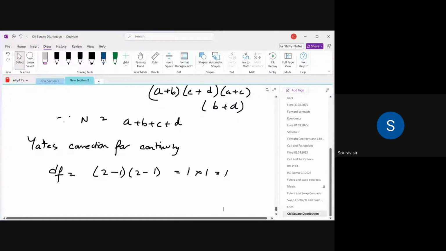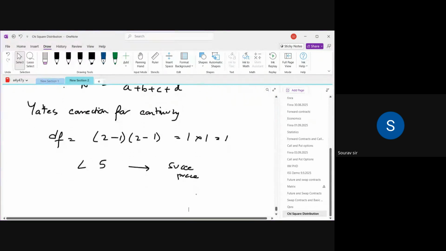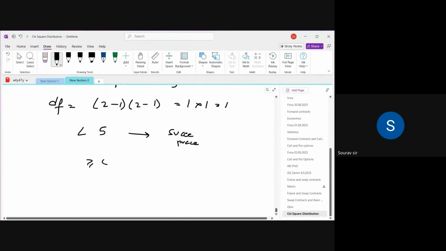So if any one of the expected frequencies is less than 5, then it is to be pooled with what? With the succeeding or the preceding one, so that the resulting frequency is greater than or equal to 5. So this pooling technique results in a loss of 1 degree of freedom. So then the effective degrees of freedom goes 1 minus 1, which is meaningless.